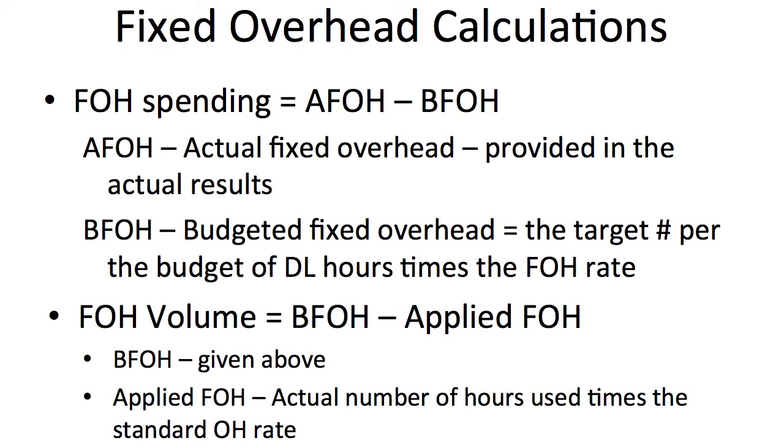For fixed overhead calculations, the scenarios are exactly the same, except now you're going to look at the fixed overhead standard rate. Remember that both fixed and variable are using direct laborers as the cost driver.